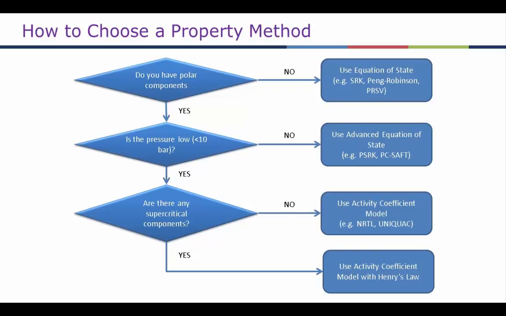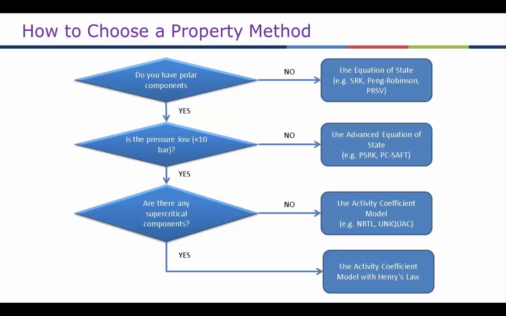However, if you have any polar components like water, then we need to check whether the pressure is low or not. If the pressure is above 10 bar, then we can use any advanced equation of state like PSRK or PC-SAFT. However, if the pressure is lower than 10 bar, then we need to check whether there are any supercritical components. If there are no supercritical components, we can use any activity coefficient model like NRTL, which is the non-random two-liquid model, or UNIQUAC, or other similar activity coefficient models.